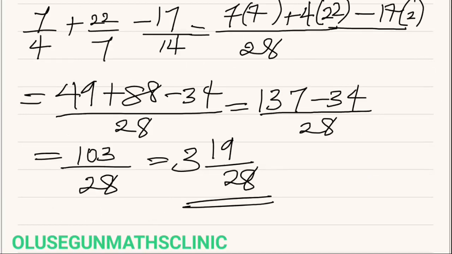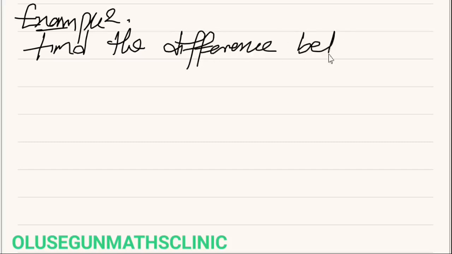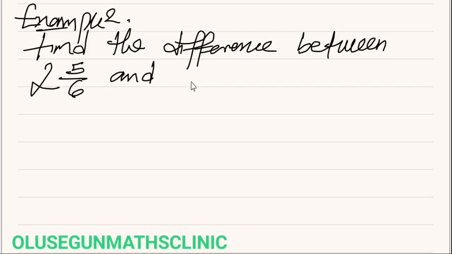So let's also have another word problem. Example 2. Under the word problems, the question says: find the difference between 2 whole number 5 over 6 and 1 whole number 3 over 8.